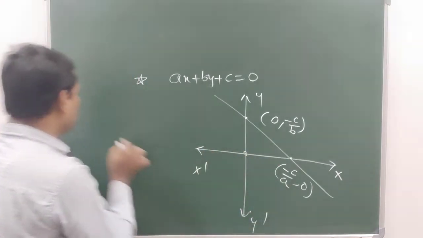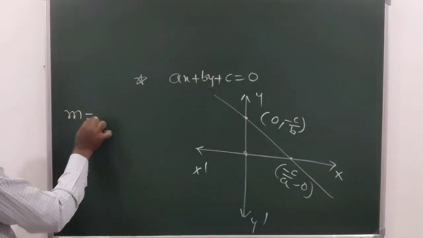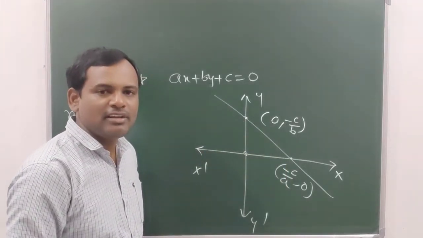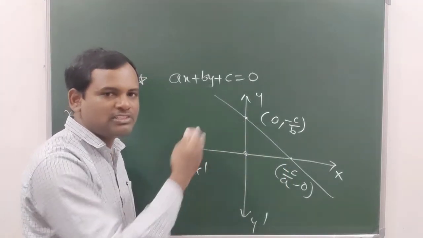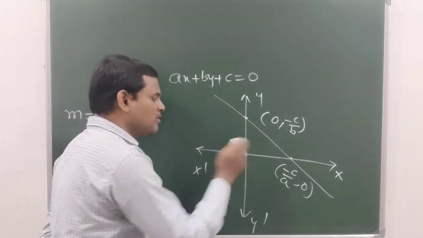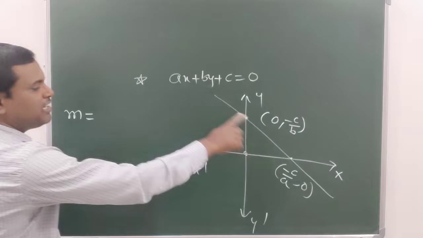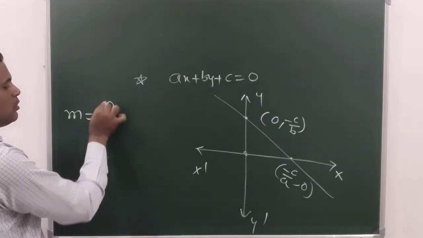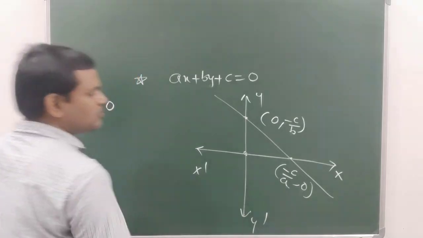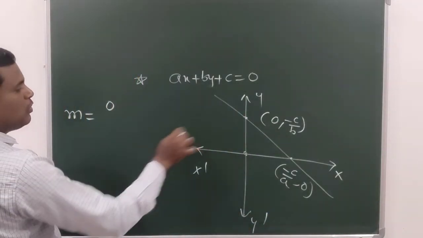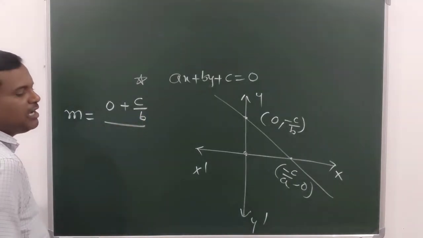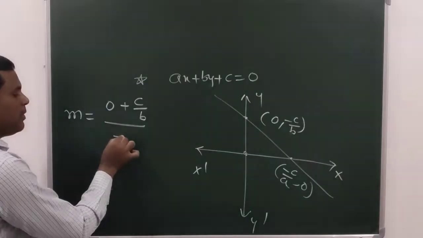Now apply the 2 points form of a straight line. When we know the 2 points on this line, we can find the slope of this straight line by the earlier formula. Apply that formula for these 2 points, the difference of y coordinates over the difference of x coordinates. Let it be x1, y1, x2, y2. Now apply there: (0 minus (minus c by b)) by (minus c by a).